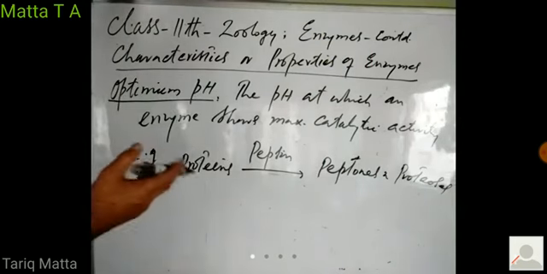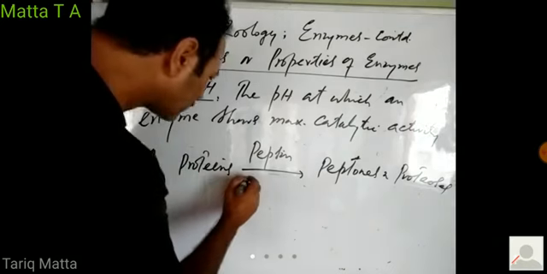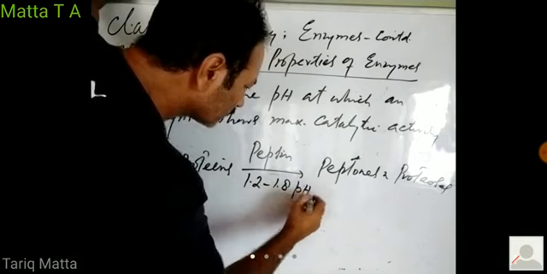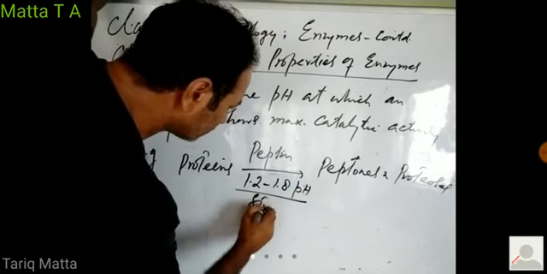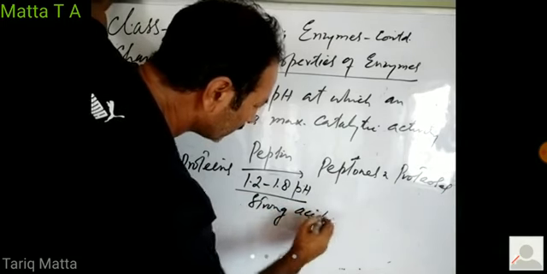So at what pH does this pepsin work best? Our pepsin works best at a low pH of 1.2 to 1.8. So it works in strong acidic medium.